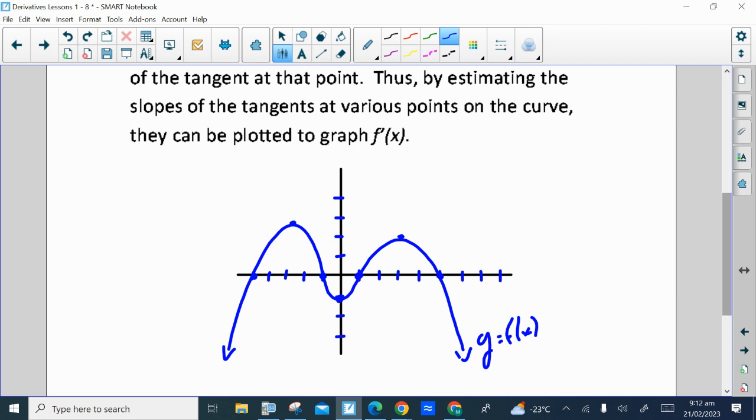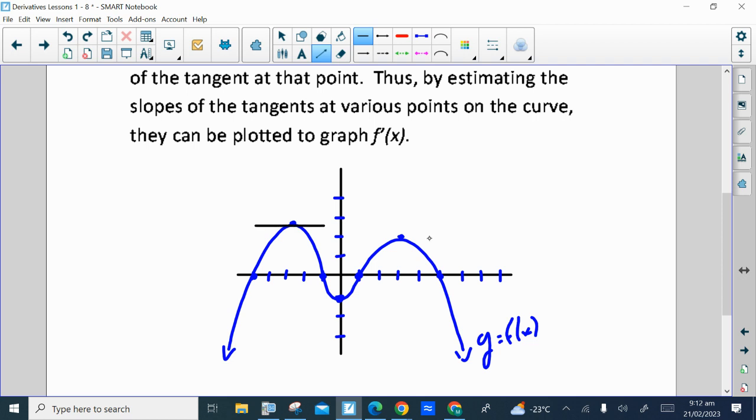I'm going to look at 3 key points here to start, and those being the local maximum and minimum points. So I've got 2 maximum points. This first one is actually an absolute maximum. It's the highest point on the graph. The one to the right of it is a local maximum. But you see, the tangent lines at those 2 points will actually be horizontal lines.